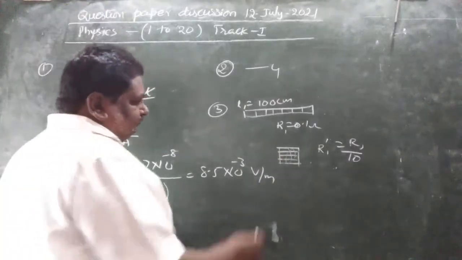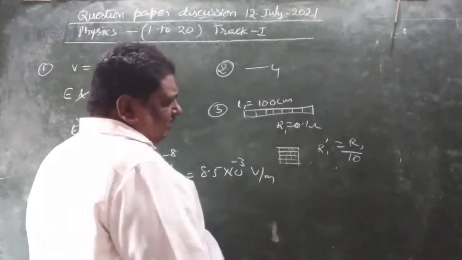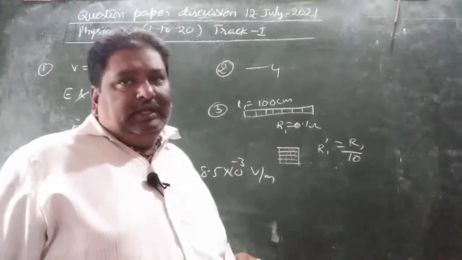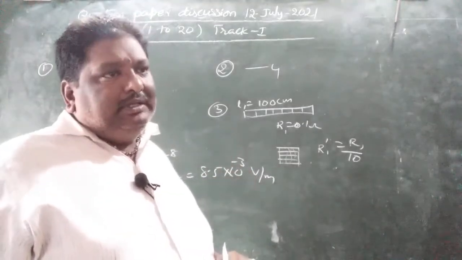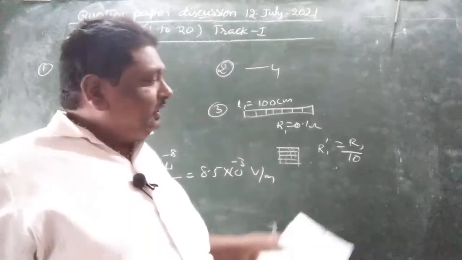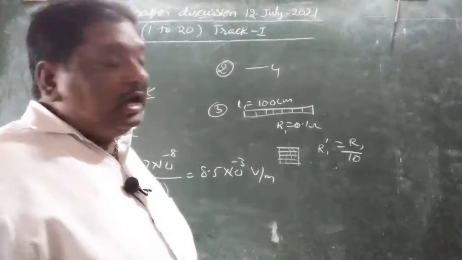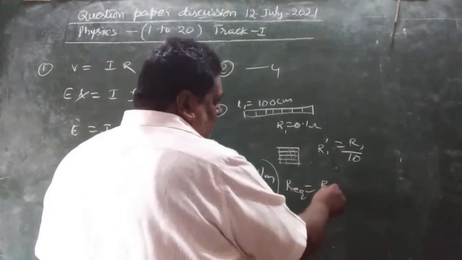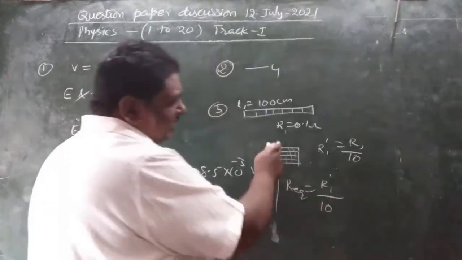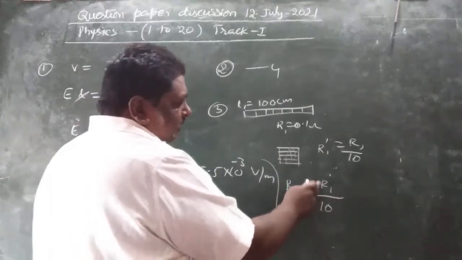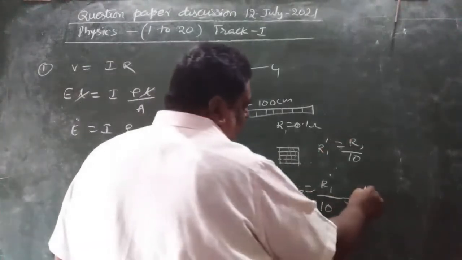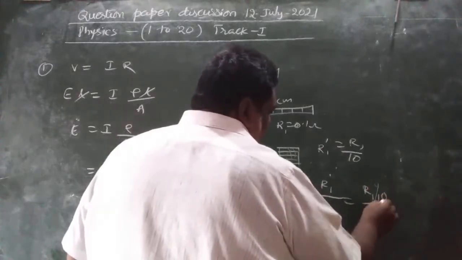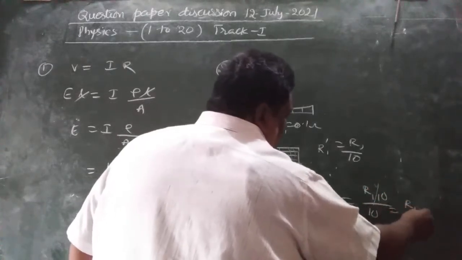Now all are bundled. So two resistors in parallel give R by 2, 3 in parallel give R by 3, 4 in parallel give R by 4, like 10 resistors in parallel give R by 10. So R equivalent is R dash by 10 because 10 resistors are in parallel. But R dash value is R1 by 10. This is equal to R1 by 100.